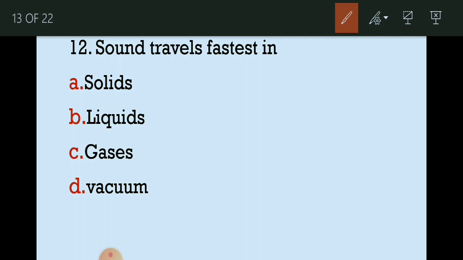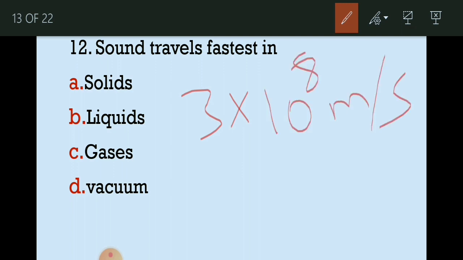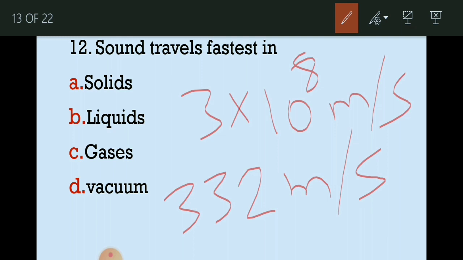Because the speed of light in air is 3 into 10 to the power 8 meter per second, but the speed of sound in air is very less compared to that of light. It is only 332 meter per second. So we see the lightning first, then after some time we hear the thunder.